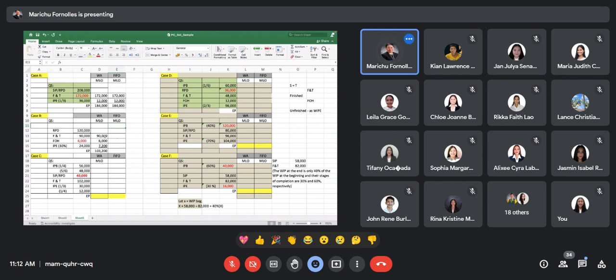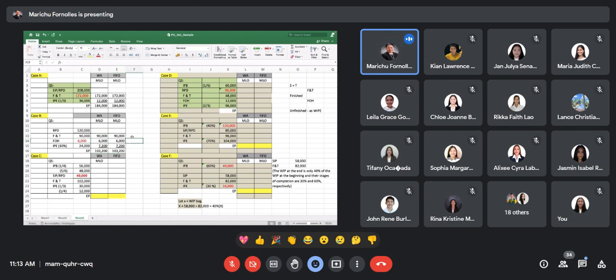So your finished units will be multiplied by 100%. The unfinished units will be multiplied by 30%. So your EP will be the same as that of the weighted average method. Okay, next.